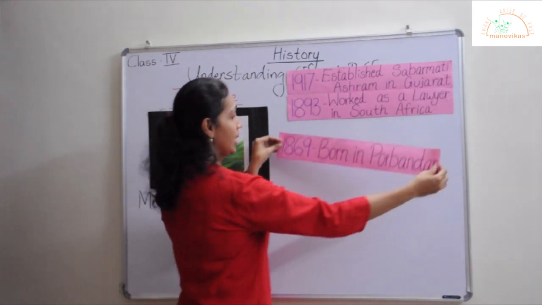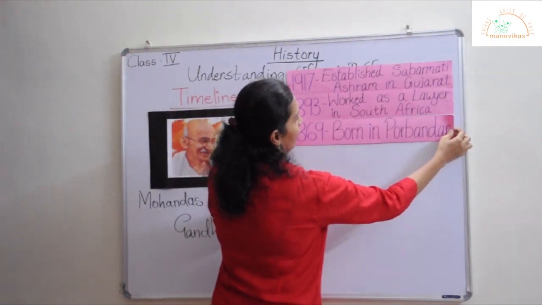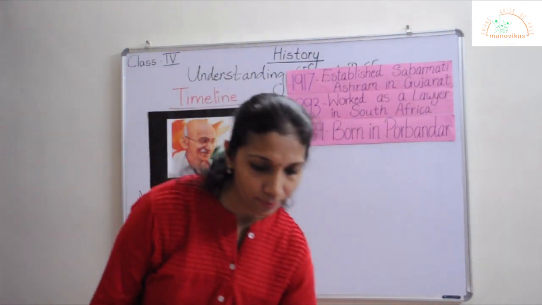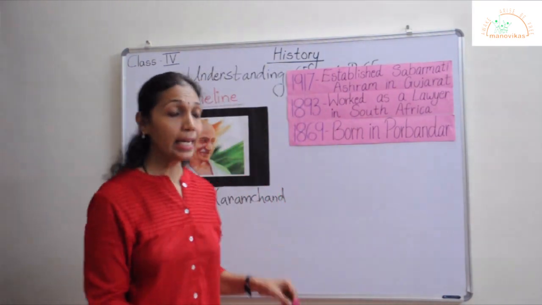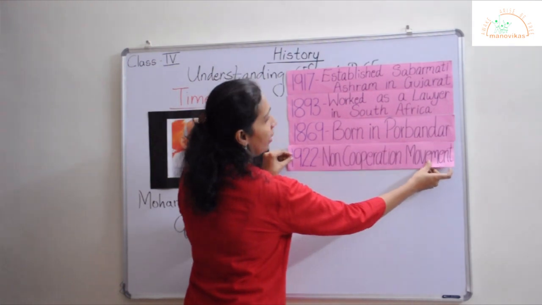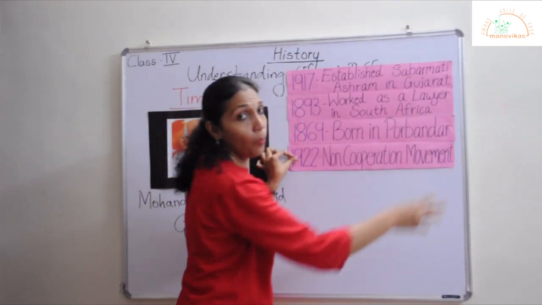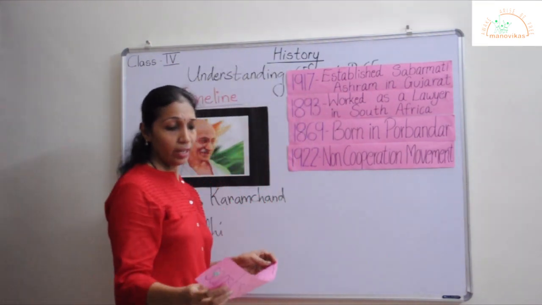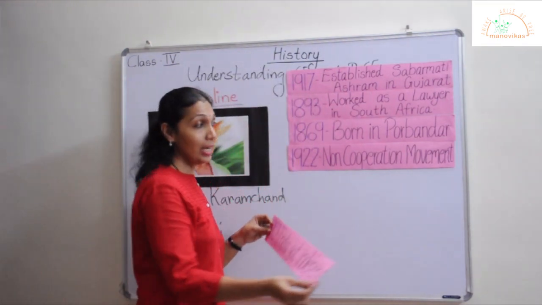In 1869, he was born at Porbandar in Gujarat. In 1922, he started non-cooperation movement. In 1947, India got independence.